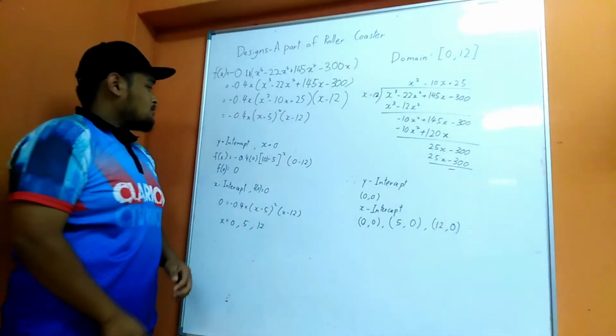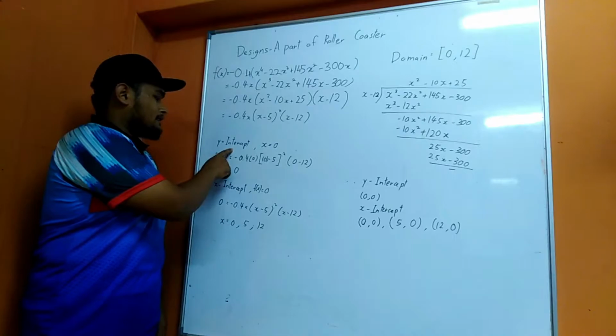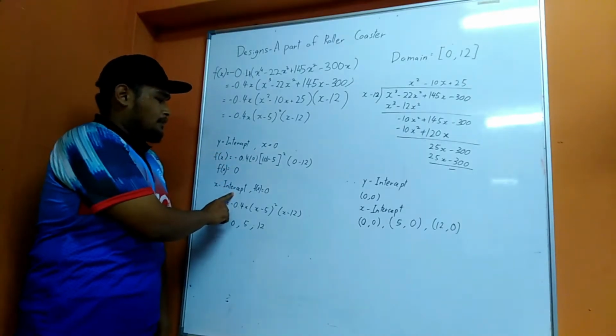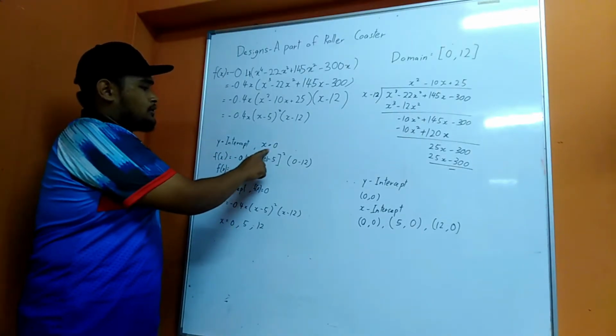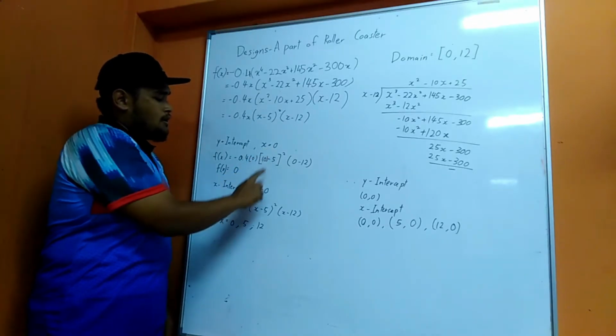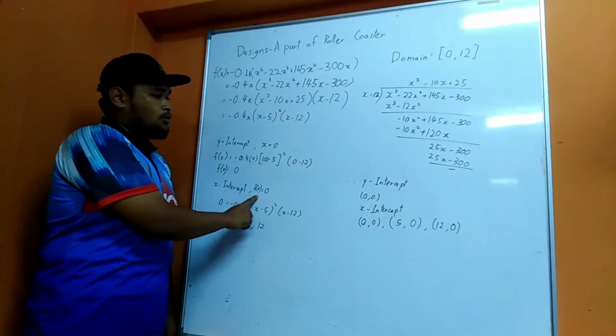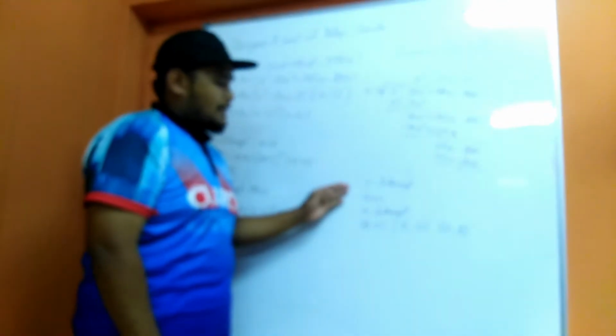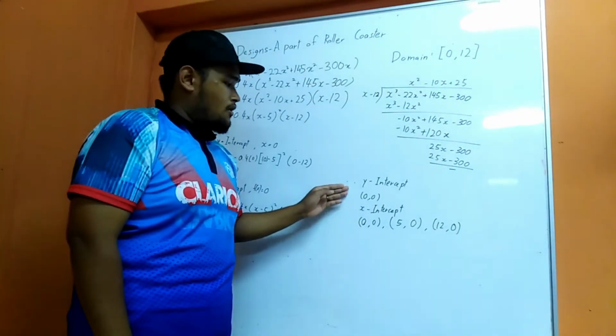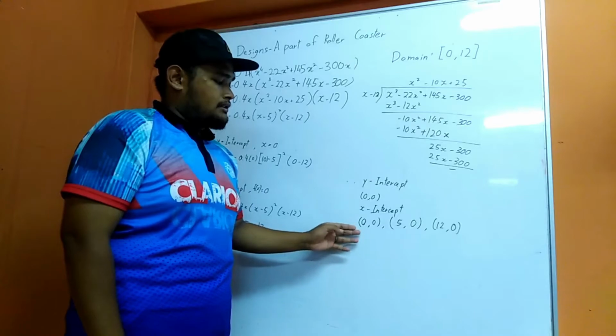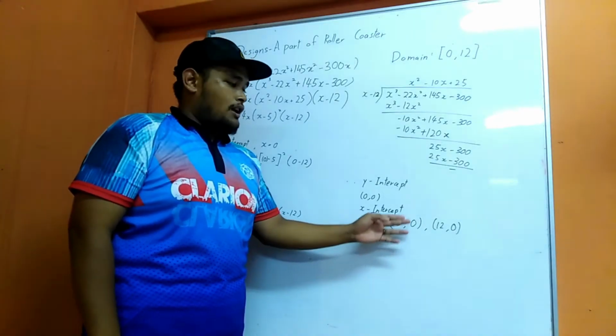So now we want to find the y-intercept and x-intercepts, where we substitute x equals 0, and f(x) equals 0, and we get a y-intercept which is (0, 0), and x-intercepts which are (0, 0), (5, 0), and (12, 0).